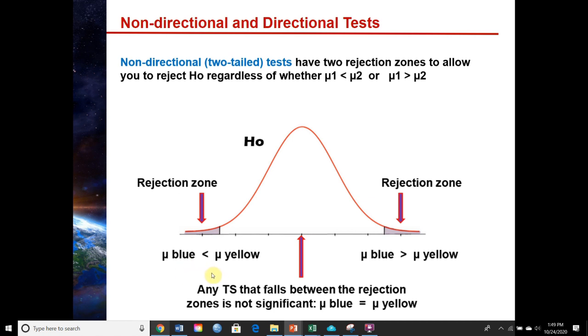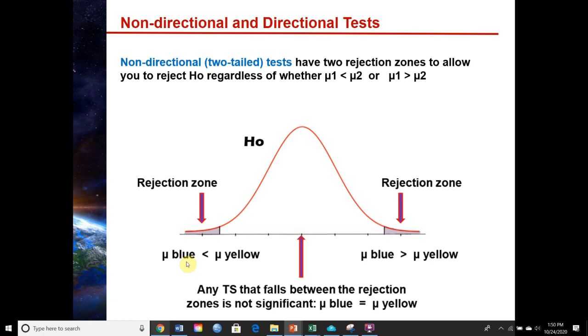Again, your TS value will be negative if blue is less than yellow in terms of their mood scores, and you labeled blue group 1.